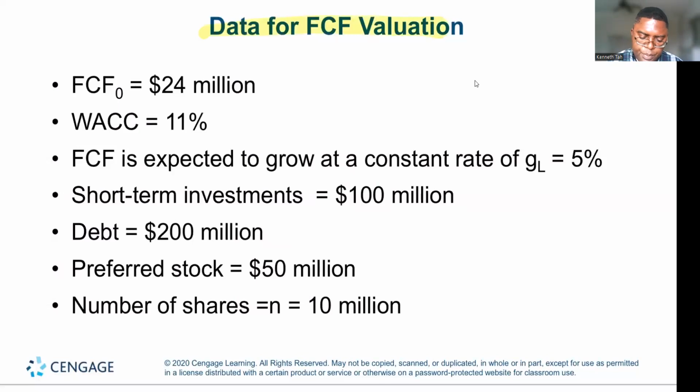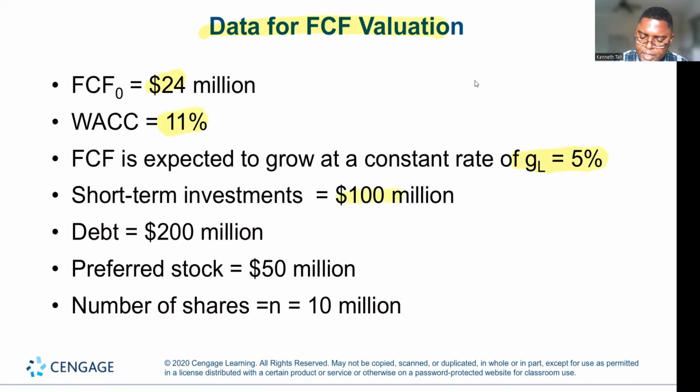All right. This example suggests to us that the free cash flow at time 0, which means the free cash flow right now, is 24 million. The interest rate WACC is 11%. Free cash flow is expected to grow at a constant rate. So the rate of growth is 5%.